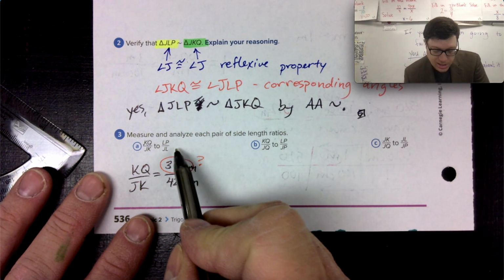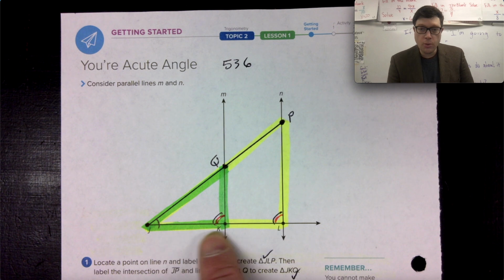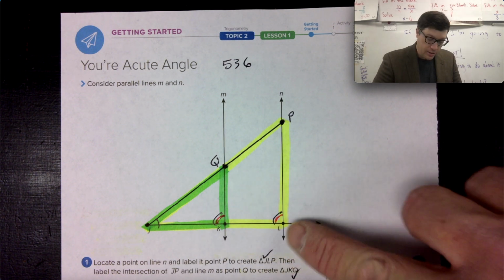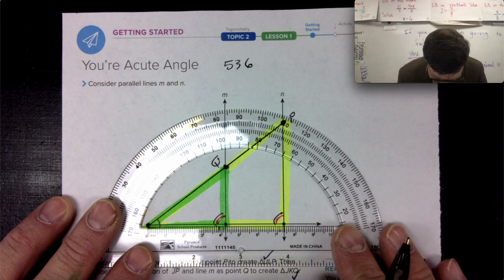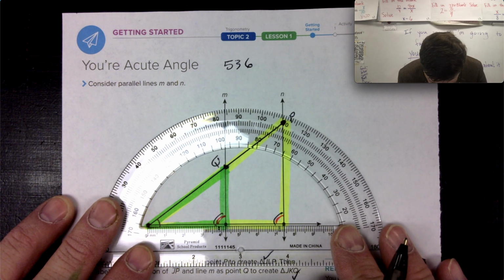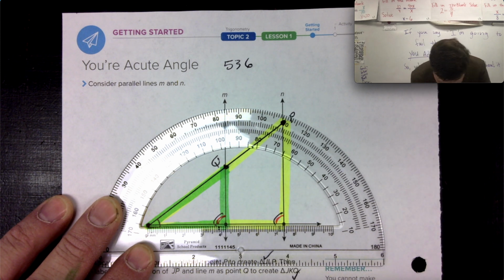The question says, let's compare that to LP and JL. So that's all the way from J out to L, and then from L up to P. Okay, measure, millimeters still. This one should be the same for all of us, and I got 74 millimeters for JL.